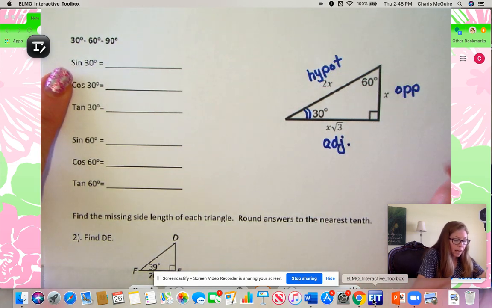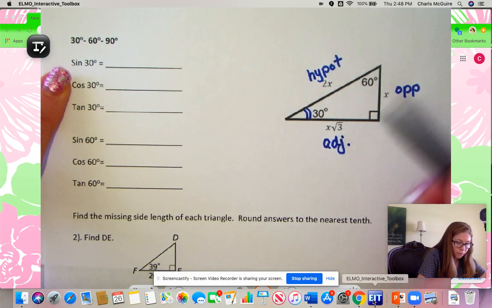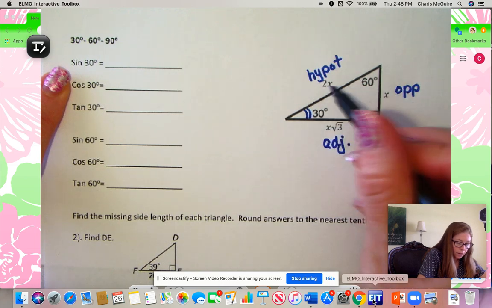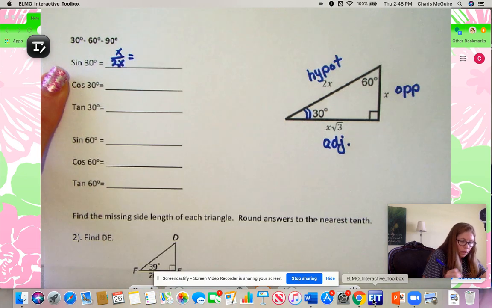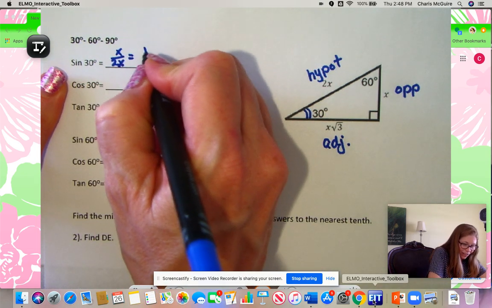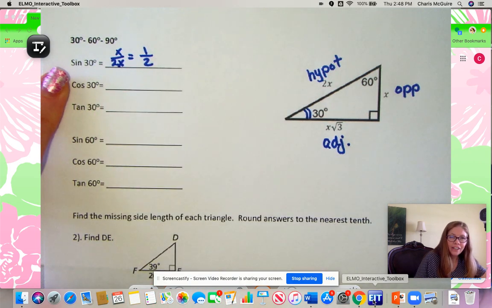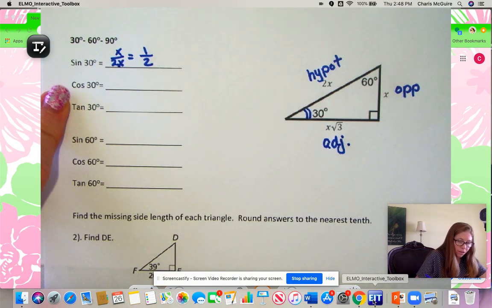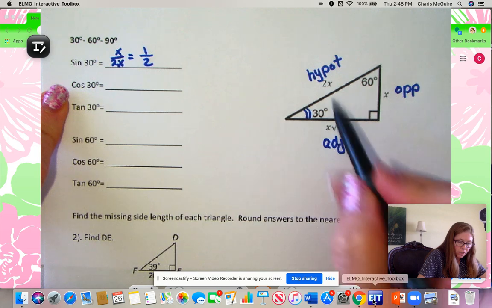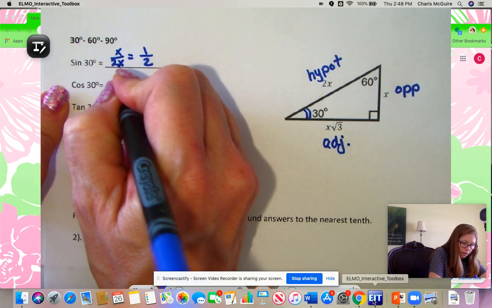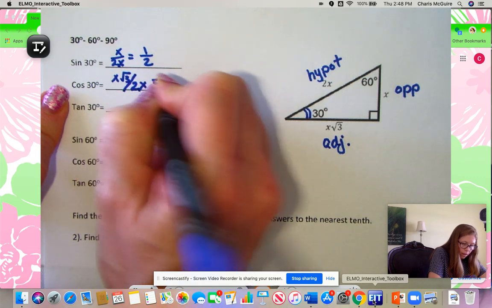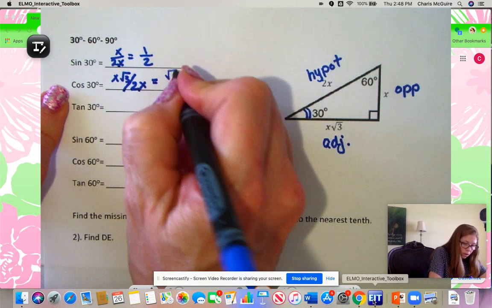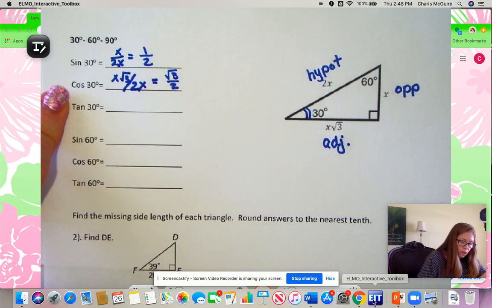So for the sine of 30 degrees, we are going to do x over 2x, and that reduces to 1 over 2. Very nice. For cosine of 30, we're going to do adjacent over hypotenuse. So we have x square root of 3 over 2x. And the x is reduced, so you do get the square root of 3 over 2.